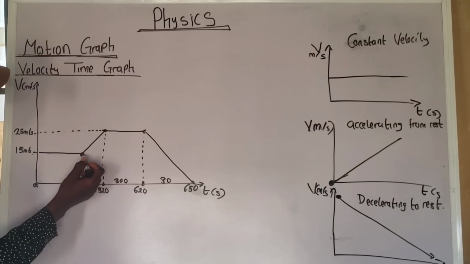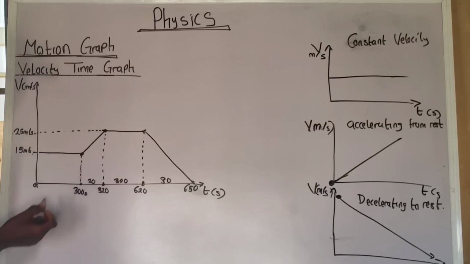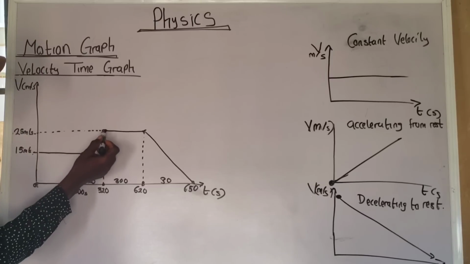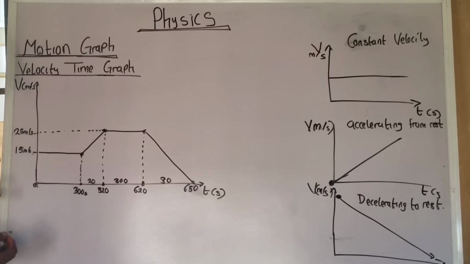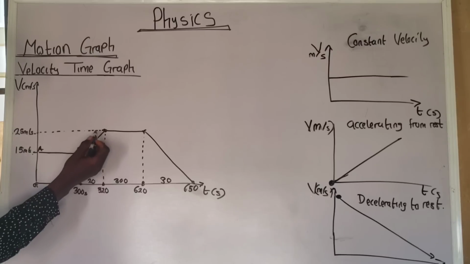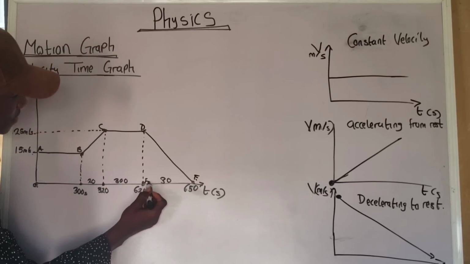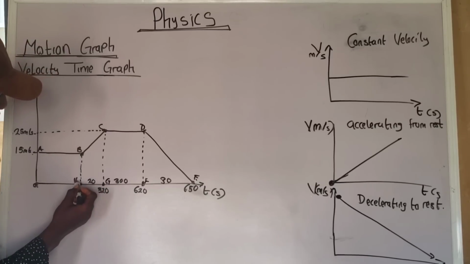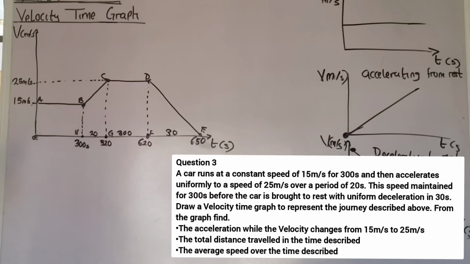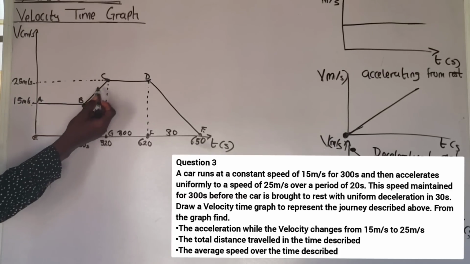This is the acceleration that we are asked to determine, from this point to this point. So let us represent this point as A. Let us represent this as B, C, D, E, F, G, H. You understand?